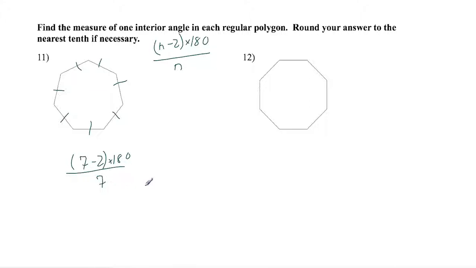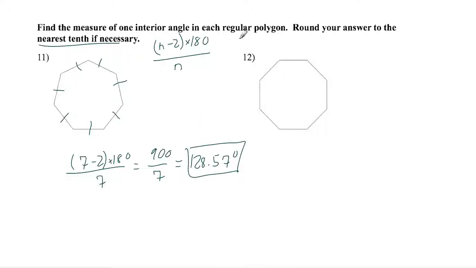We're going to divide that by how many sides there are. So this is 7 minus 2, which is 5. And 5 times 180 is 900. Now if we take that 900 and divide by 7, we are not going to get a perfect number, but we can round this off and say this is about 127.57 degrees. Again, the instructions say to round to the nearest tenth.